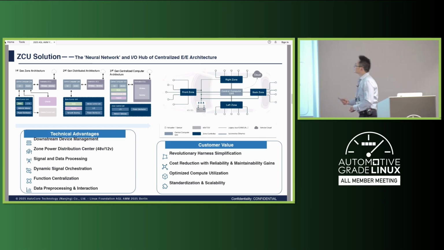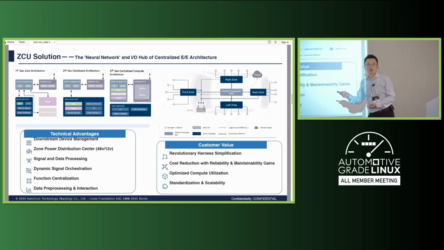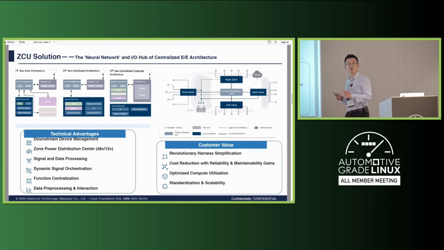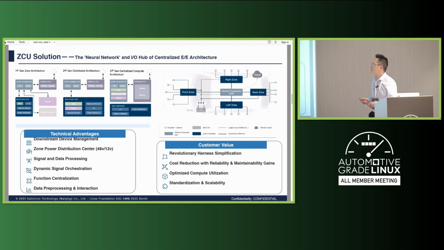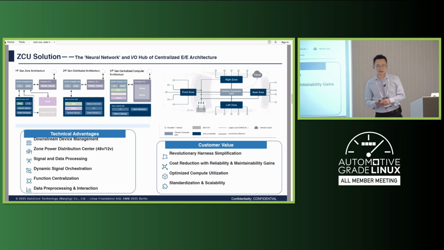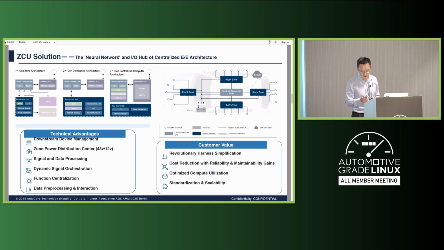The thing is that in this picture is what we have used AGL for. We started by using AGL addressing IVI and cluster, obviously. Then we moved on, starting to utilize that as a base for ADAS.